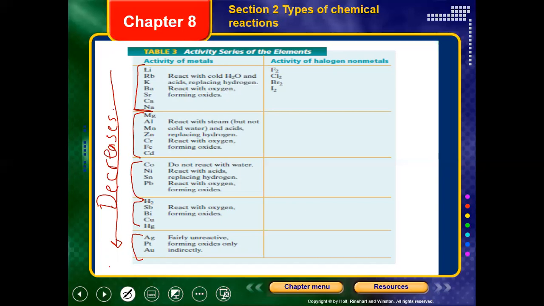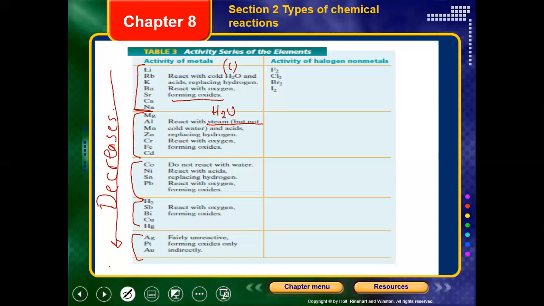Because elements of series number 1 react with cold water, which means liquid, and acids, replacing hydrogen, and react with oxygen, forming oxides. Elements of series number 2 react with water, but the water must be in gas state, reacting with steam. Steam means water in gas state, H2O gas.